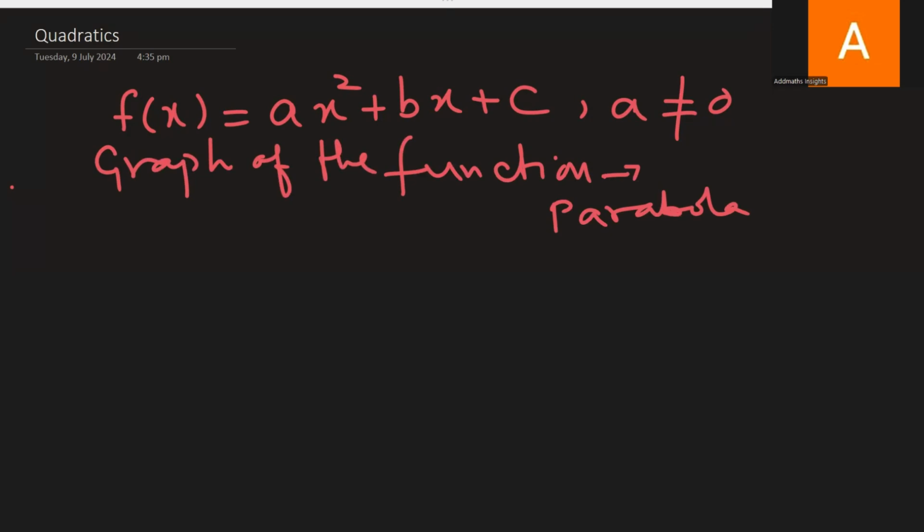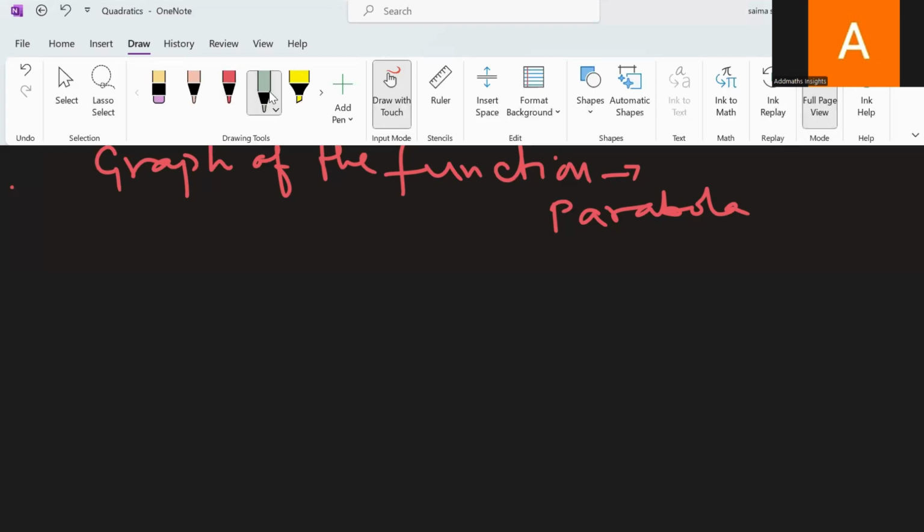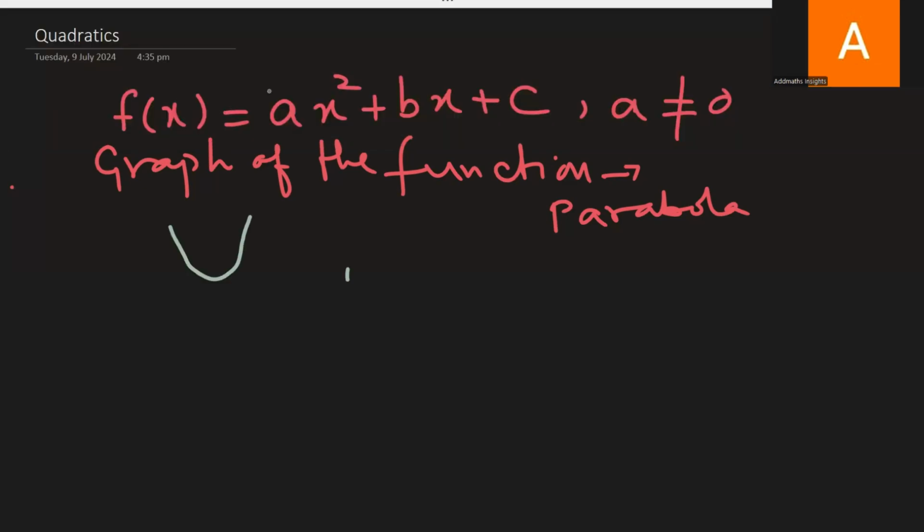The orientation of this parabola depends on the value of a, which is the coefficient of x square. The shape of the parabola may be like this, or it may be like this. It may open upwards or it may open downwards.